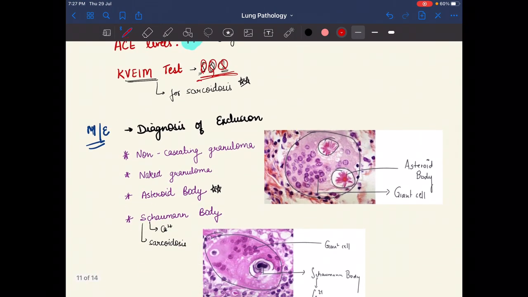Now on microscopic examination, it is a diagnosis of exclusion, so we have to exclude non-caseating granuloma.